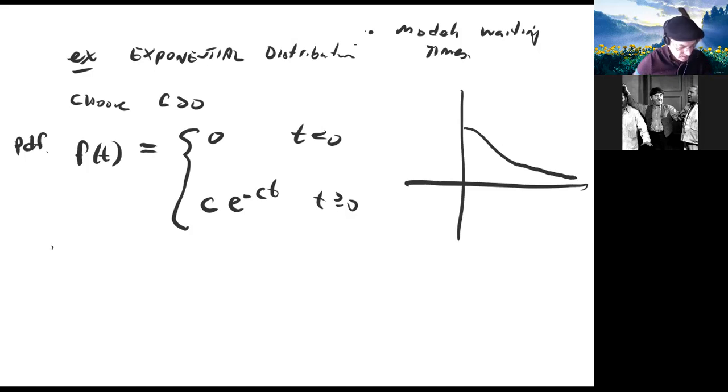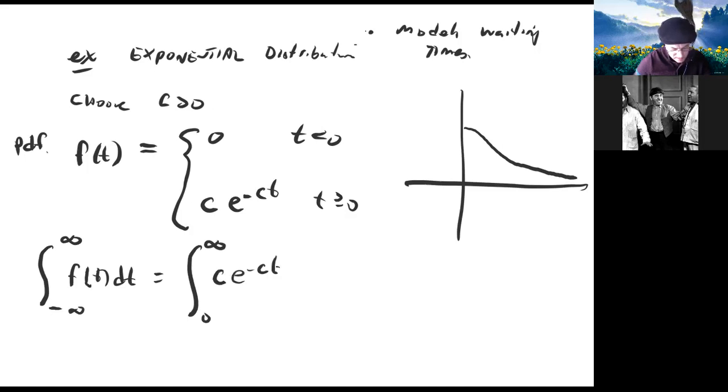And it really is a PDF. To check that, we know this is non-negative, of course, but we have to compute the integral from minus infinity to infinity of f of t dt to show that it's 1. Because of the way the function is defined, this is the integral from 0 to infinity of c e to the minus ct dt, which is the same as the limit as u goes to infinity of the integral from 0 to u of c e to the minus ct dt.